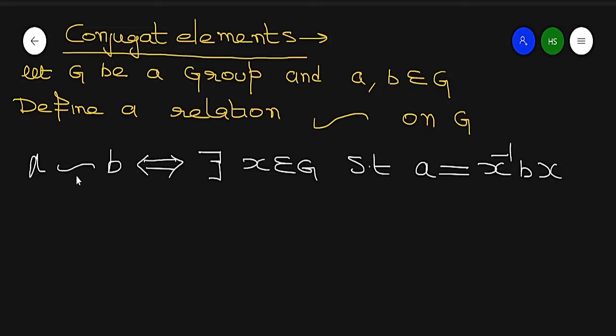Then we define this relation on G, and in this case we say A is conjugate to B.